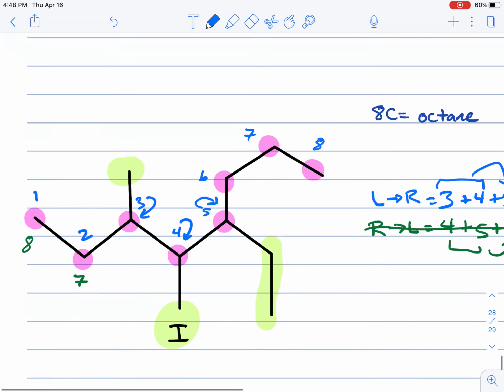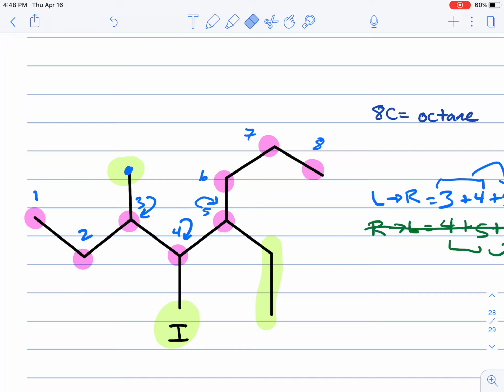Cool. So now that we've figured out the numbering system on the parent chain, let's go ahead and name and number the substituents. And so it looks like on the third carbon, let me erase 8 and 7, on the third carbon we have a methyl group, so this is going to be 3-methyl.